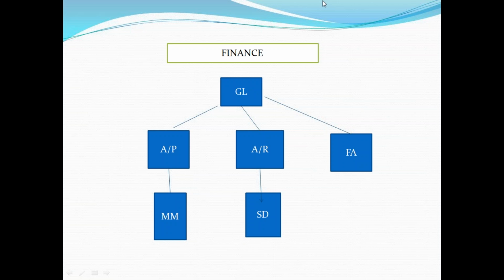Here we have to prepare GL accounts: all expenditure, revenue, asset and liability accounts. Posting will be done through GL accounts, so all types of GL accounts we have to create. The main code is GL accounts; through GL accounts we update the records.